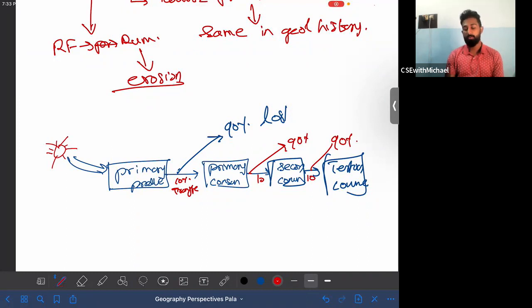The flow of energy in an ecosystem is unidirectional and non-cyclic in nature.